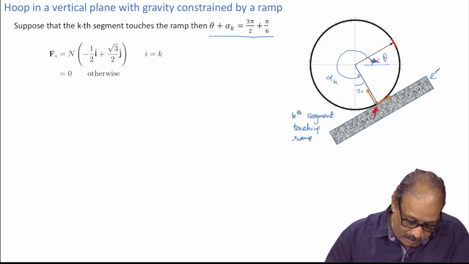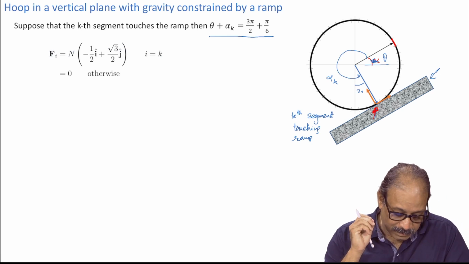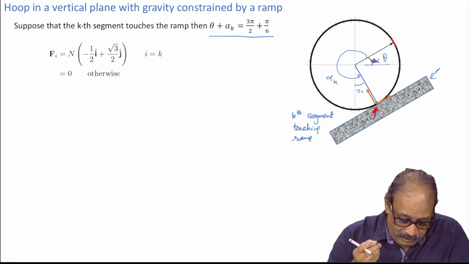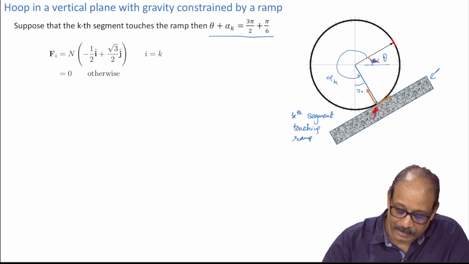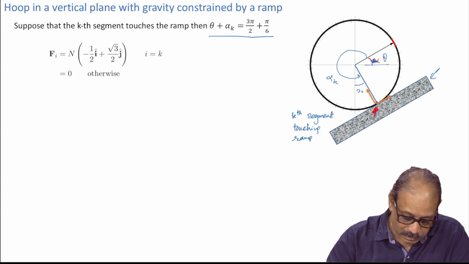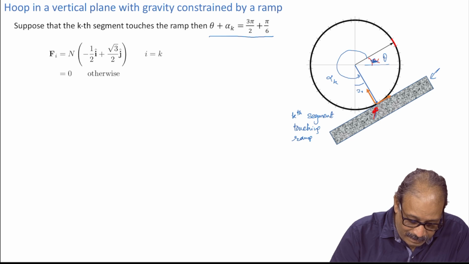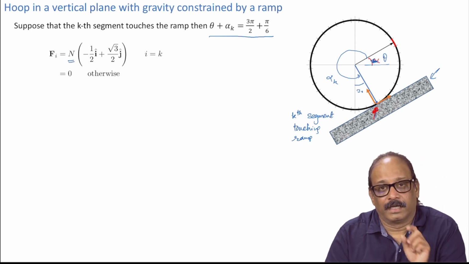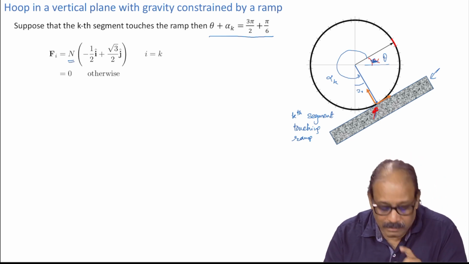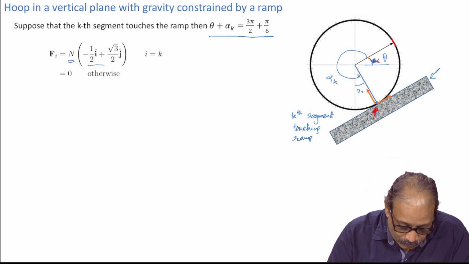Okay. So, what is the force on this one? Its normal reaction is perpendicular to the ramp. Okay. So, we can again write that down as magnitude. Remember, the magnitude is still unknown to us, but the direction we know.